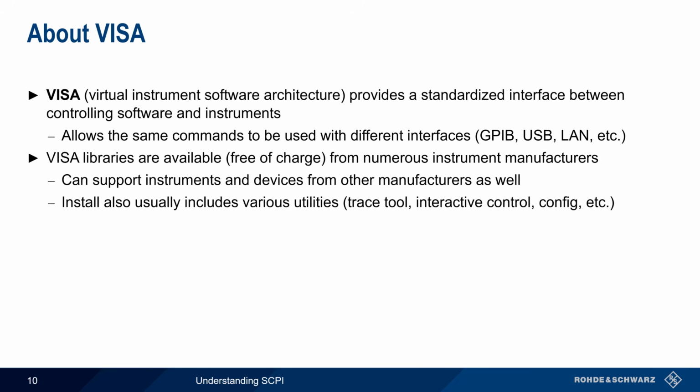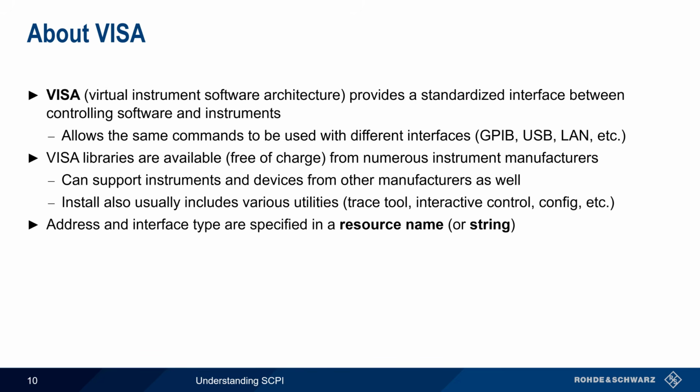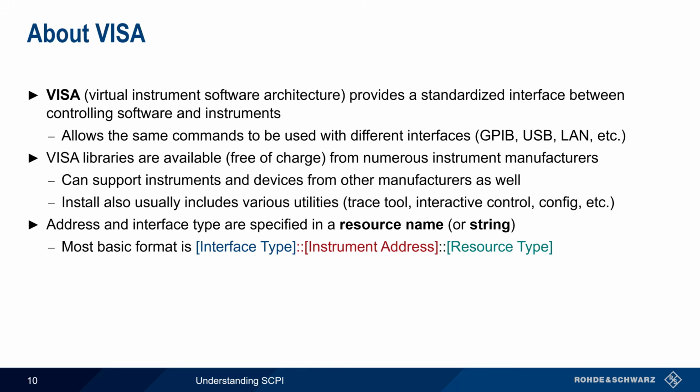Installing VISA often includes various useful utilities, such as tools which can display sent and received commands, an interactive command window, etc. Once VISA is installed, test and measurement instruments are specified using a so-called resource name or resource string, which has the basic format of interface type, instrument address, and resource type.